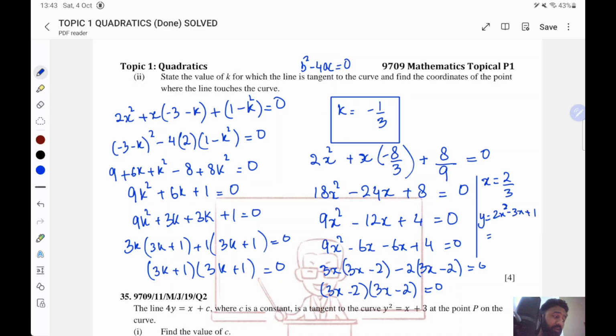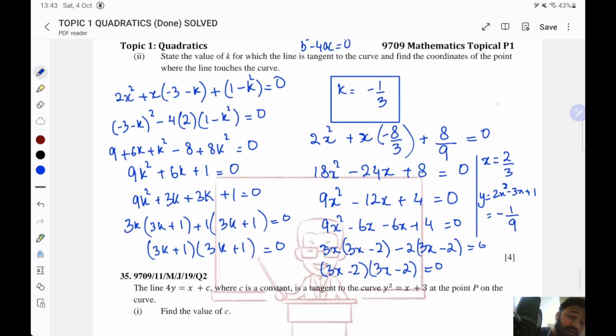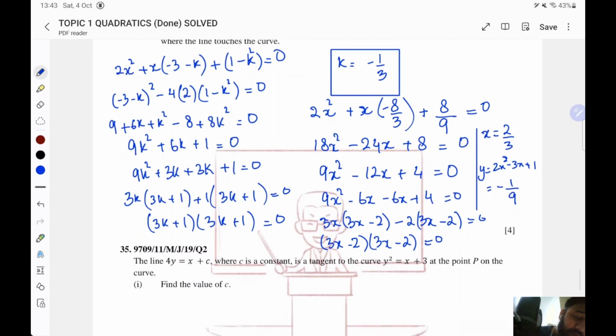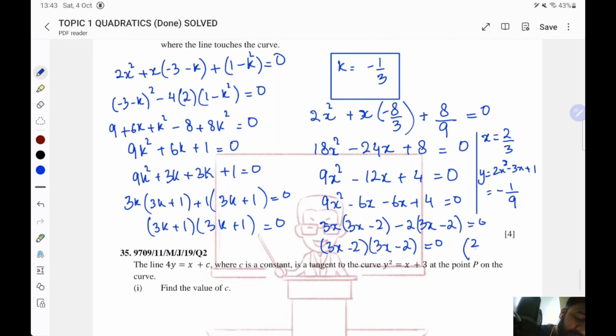So if we substitute the value over here, the value for y is −1/9, sorry. So the coordinates are 2/3, −1/9.